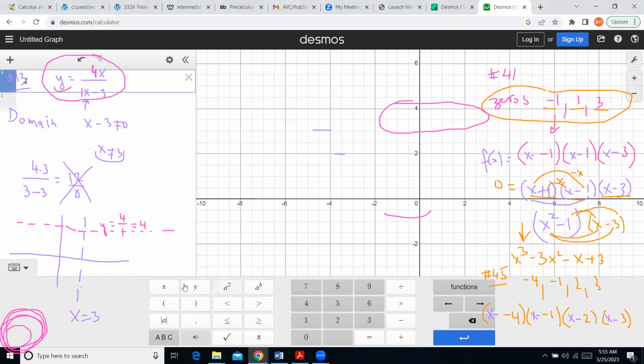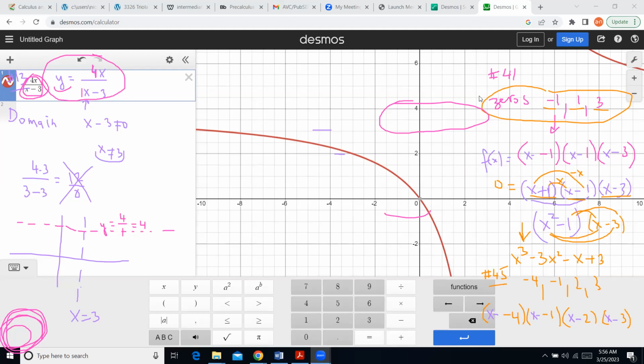So I go ahead and divide 4x by a denominator that has x minus 3. And notice that when I entered this 4x over x minus 3, I produced the exact same thing that the exercise is asking me. And you can see the red pieces of the graph.